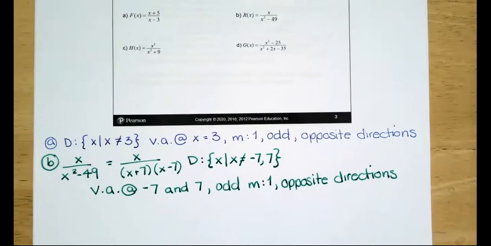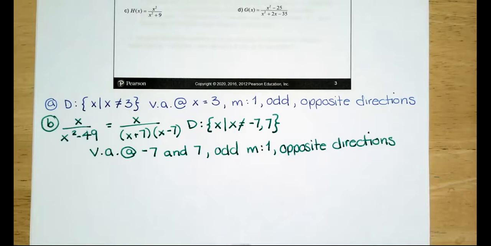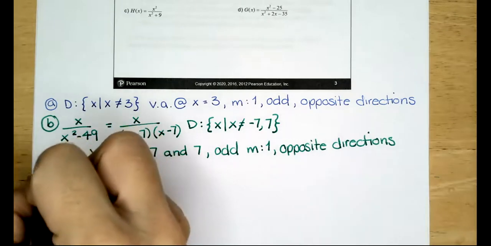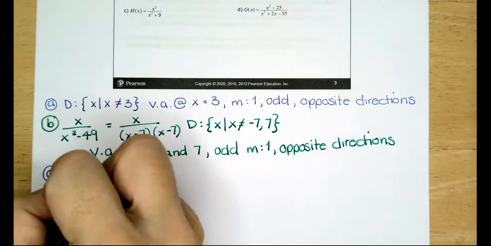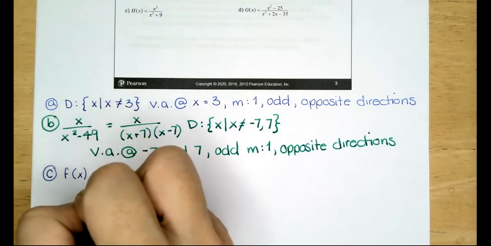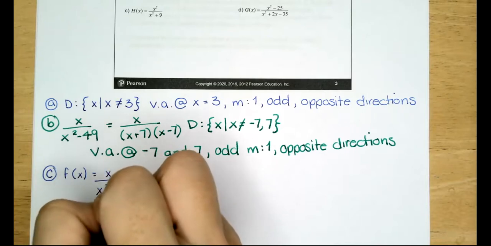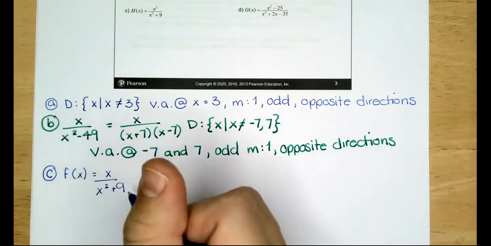All right. Letter C, x squared over x squared plus 9. So we can factor this. So we have f of x equals x over x squared plus 9, but we cannot simply reduce this because the denominator has a plus.